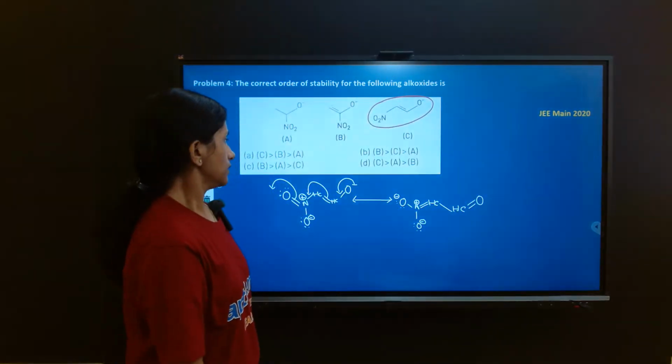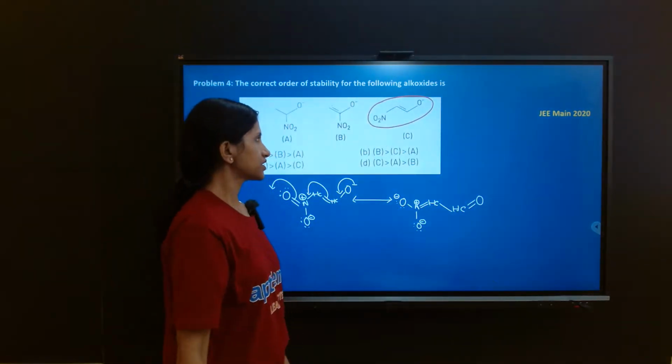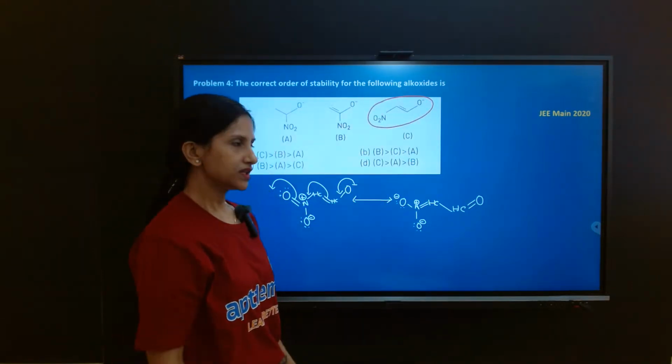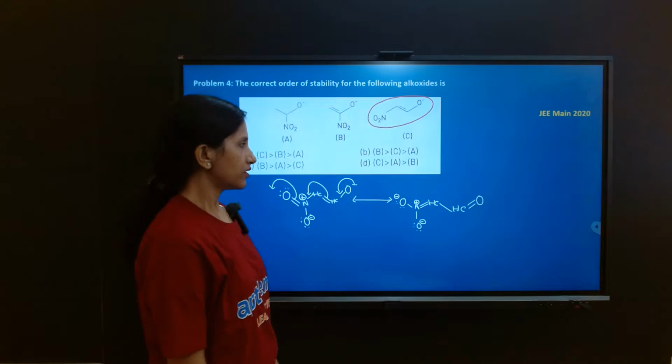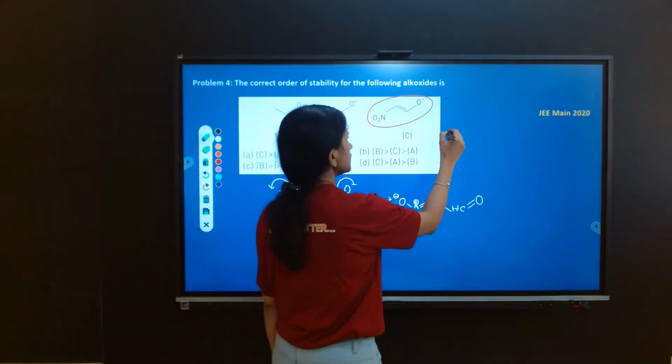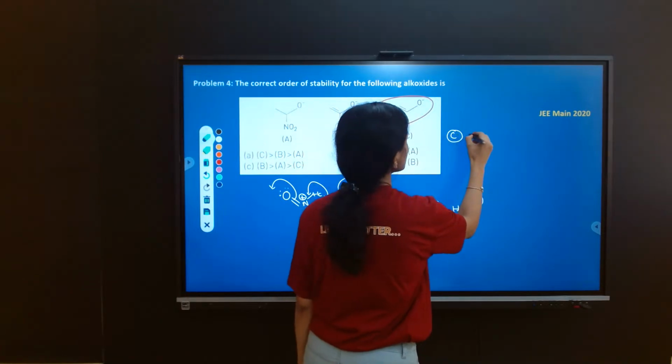So with these resonating structures, the negative charge is delocalized for C. So C is the most stable.